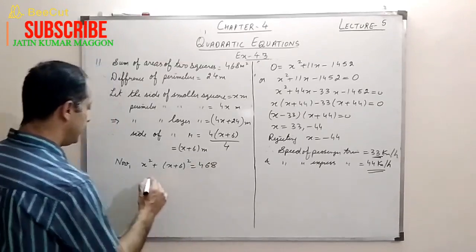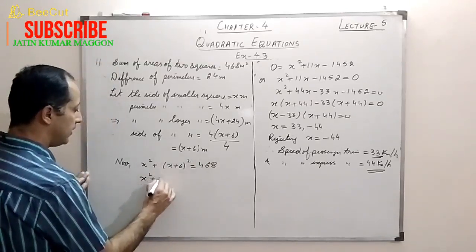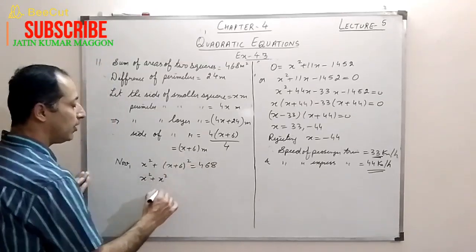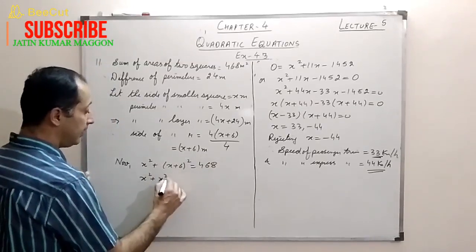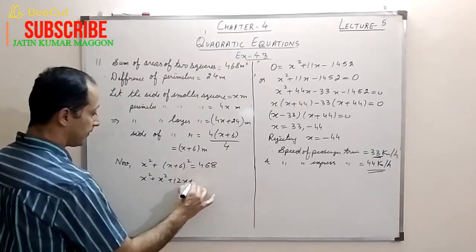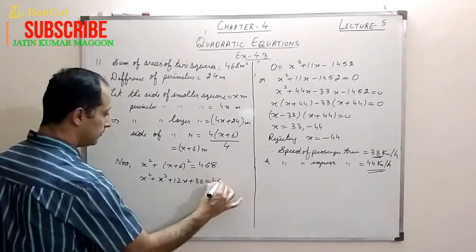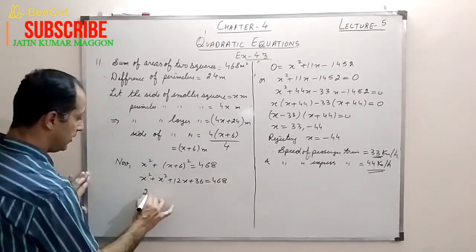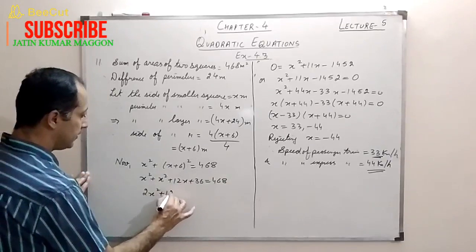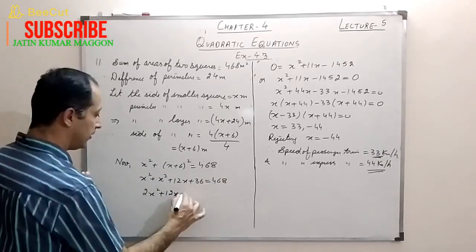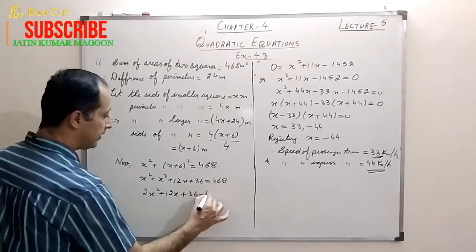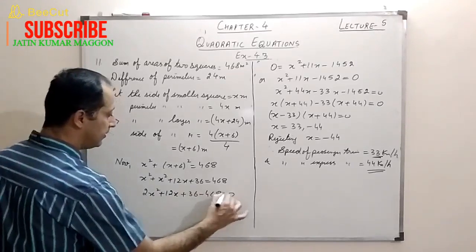Now we simplify this. This is x square plus, I open the bracket using the identity of a plus b whole square. Now what I have is 2x square plus 12x. I shift 468 to the left side and nothing is left on the right, so it is 0.